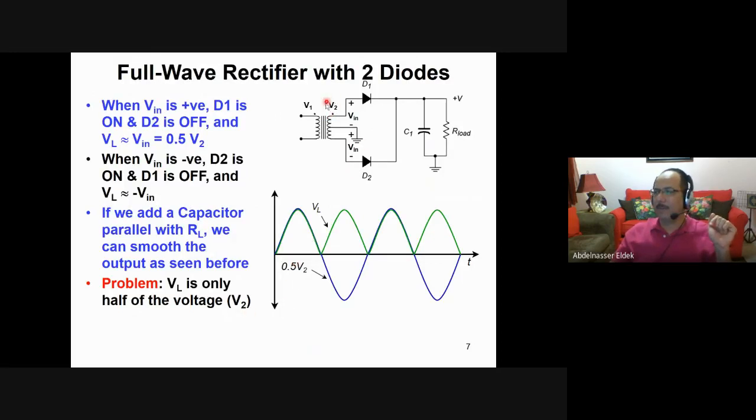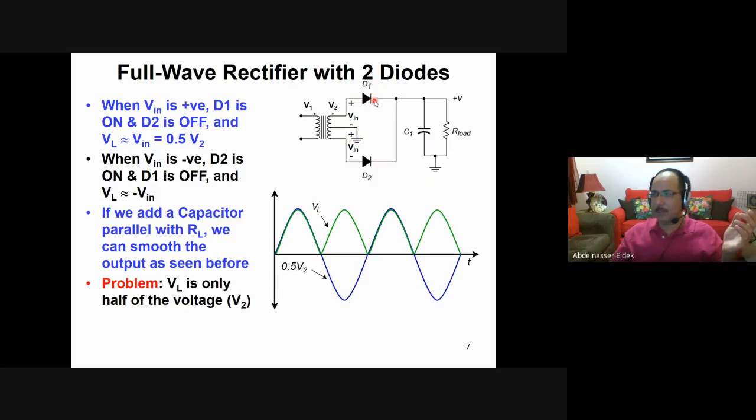Assume that you have a transformer like this, and then we have this voltage V2. And then Vn in this case is half of it because we have a ground in the middle here. If this point is positive and this point is negative, this will make D1 forward biased and D2 reverse biased. So D1 will be a short circuit and D2 will be open.